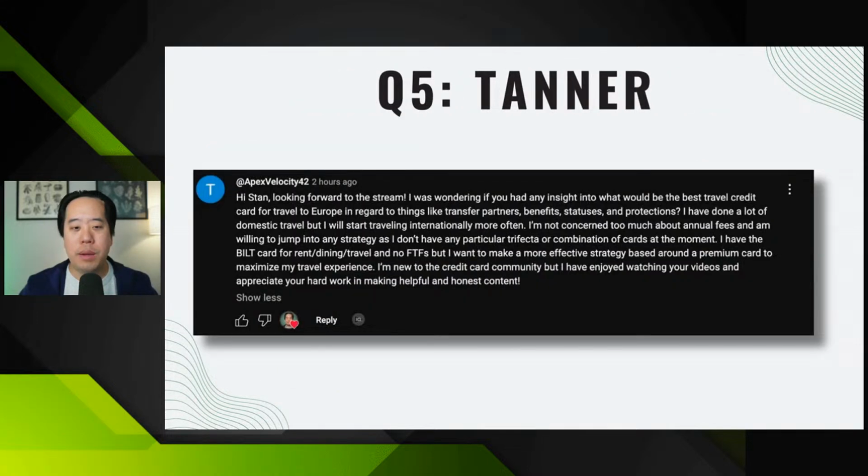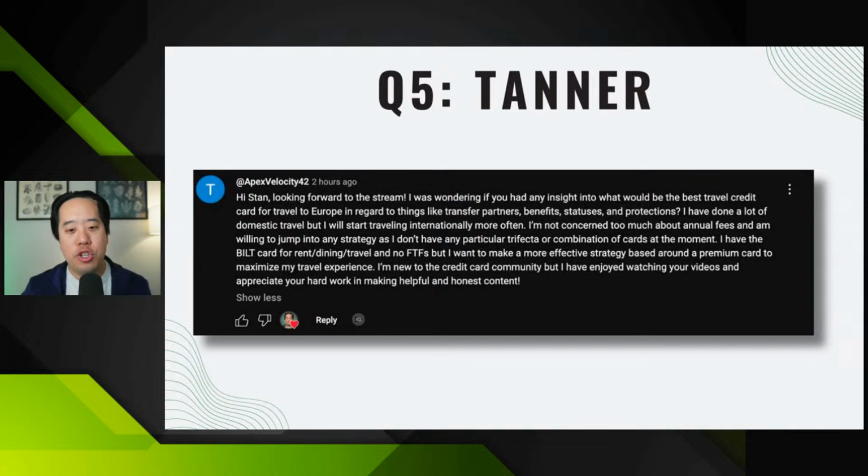So the next one comes from Tanner. I apologize for the length of this one, but it's pretty simple. He says, I'm looking forward to the stream. I was wondering if you had any insights into what would be the best travel credit card for travel to Europe in regard to things like transfer partners, benefits, statuses, and protections. I've done a lot of domestic travel, but I will start traveling internationally more often.